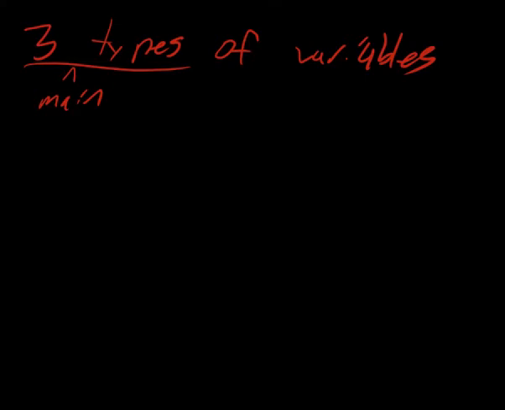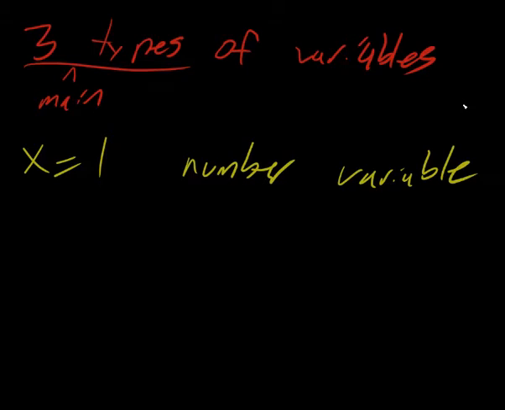So what are they? So first things first, we have our classic x is equal to 1, and that's just our classic variable. We can call this a number variable. And now number variable is pretty self-explanatory. It's a variable that is equal to a number.